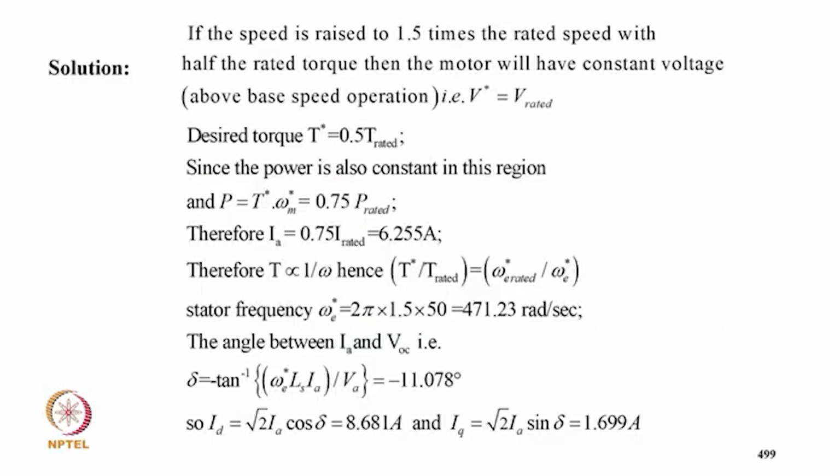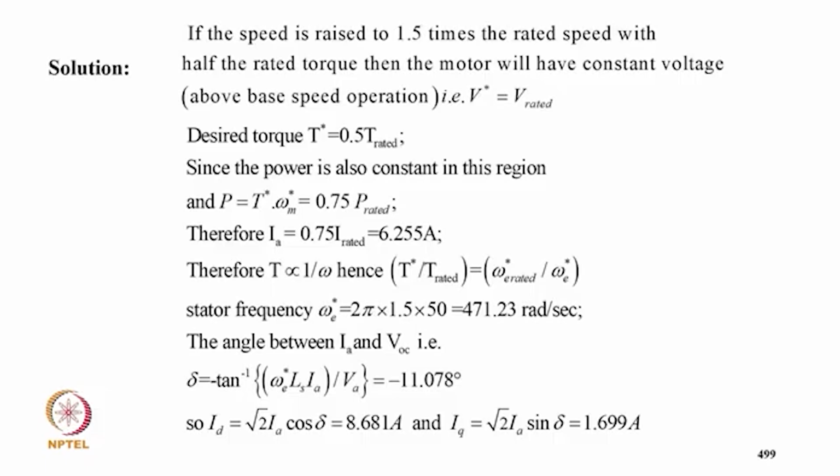Coming to solution, the speed is raised to 1.5 times the rated with half the rated torque. Then the motor will have constant voltage above the base speed. V star equal to V rated. Desired torque T star equal to 0.5 rated. The power is also constant. P equal to T star omega star, 0.75 P rated. So IA equal to 0.75 IA rated, 6.255 ampere, and T proportional to 1 upon omega, T upon T star.